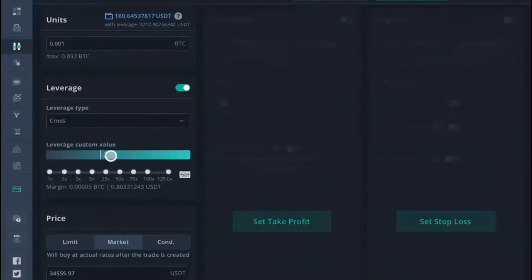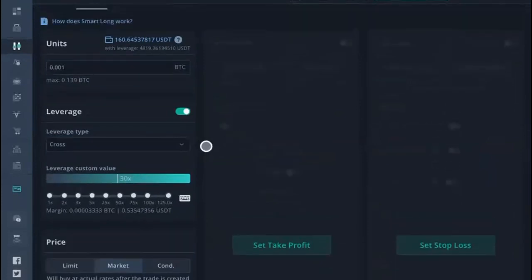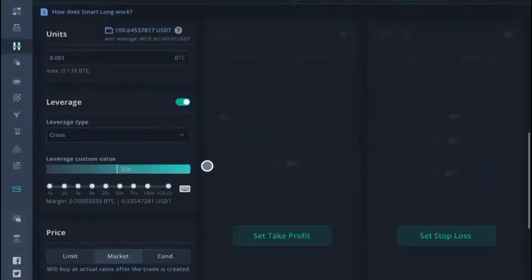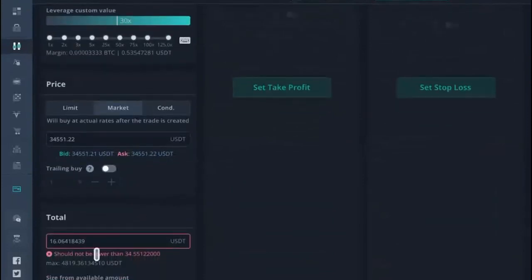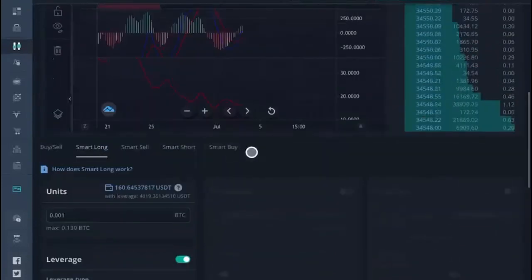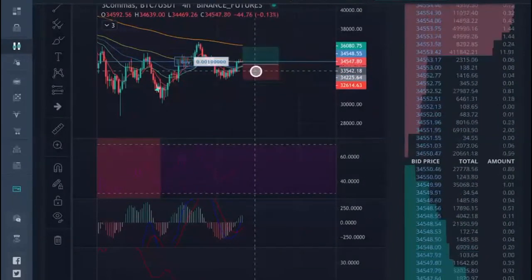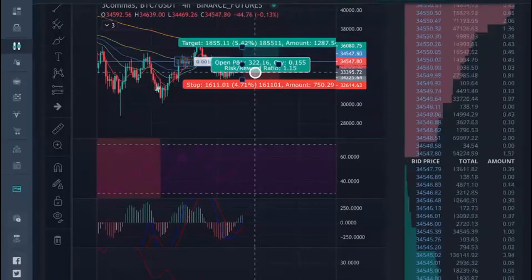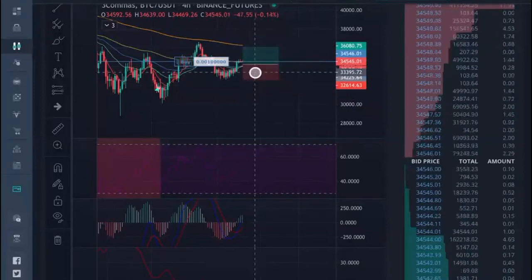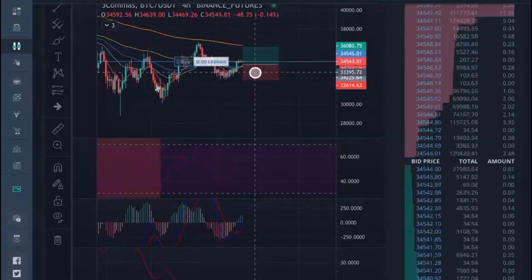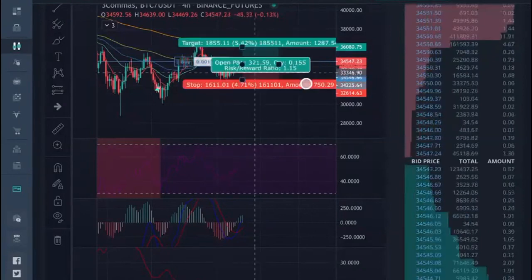Okay, we'll try to keep it easy on math here. If I can go to 30x leverage and I'm using $100, that means I'm going to be using a position size of $3,000. So now I need to do the math again. I'll take my $3,000, multiply it by my deviation here, 4.71. So that's $141.